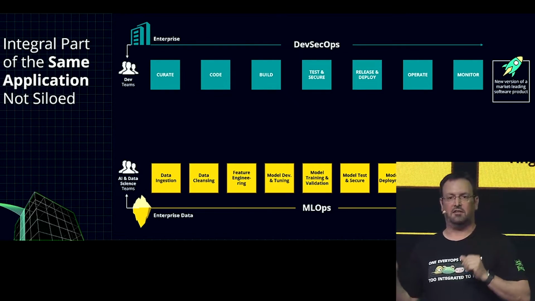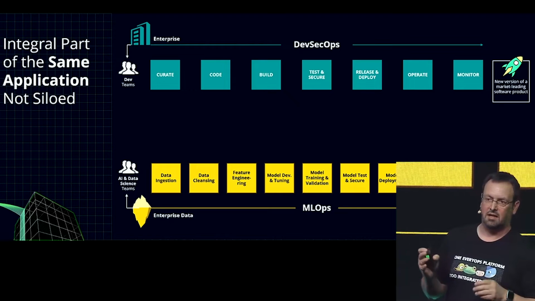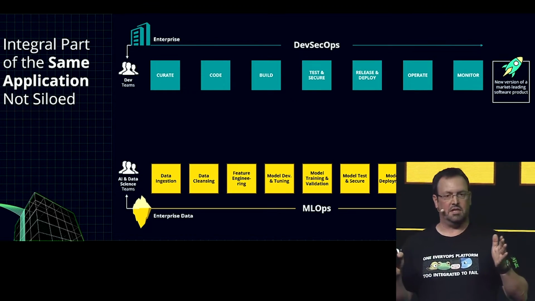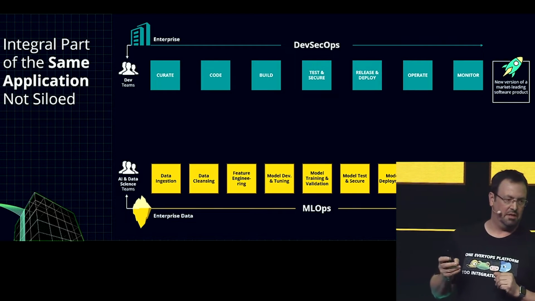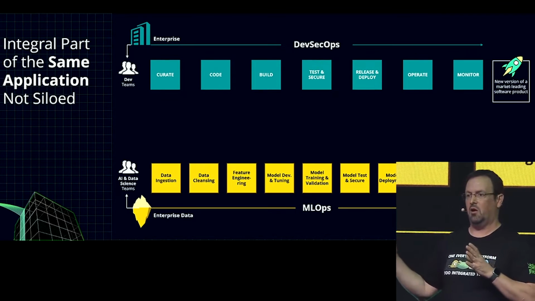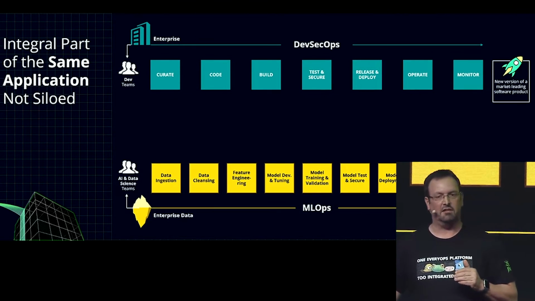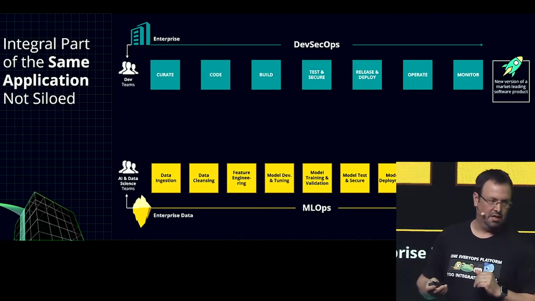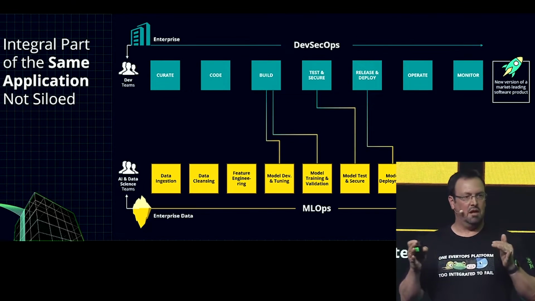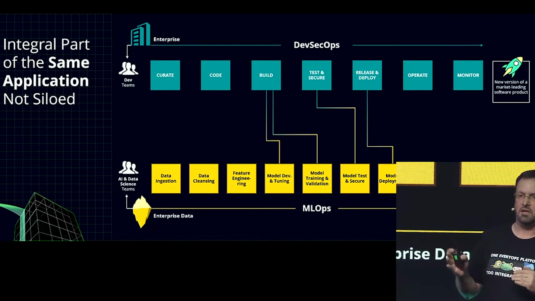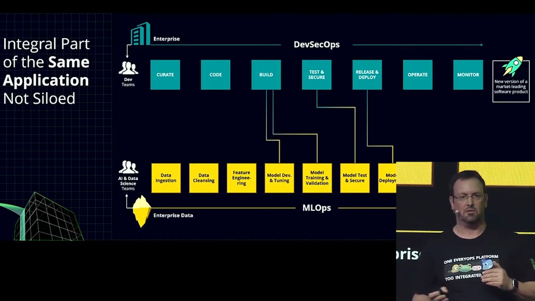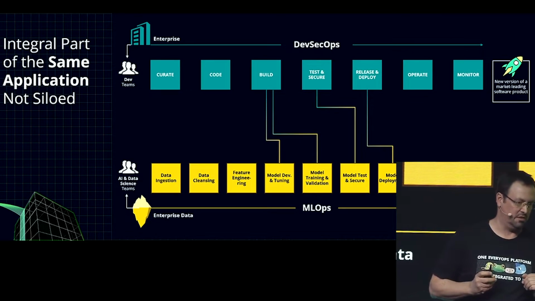And on the other hand, there are the machine learning engineers, the data scientists, and they have a different set of tools. It makes sense because they're still doing something a little bit different. And they have the MLOps platform. And at the end of the day, they are putting a model in production. And some steps largely correlate to each other. They're conceptually very similar in terms of building, in terms of QA, and so on.